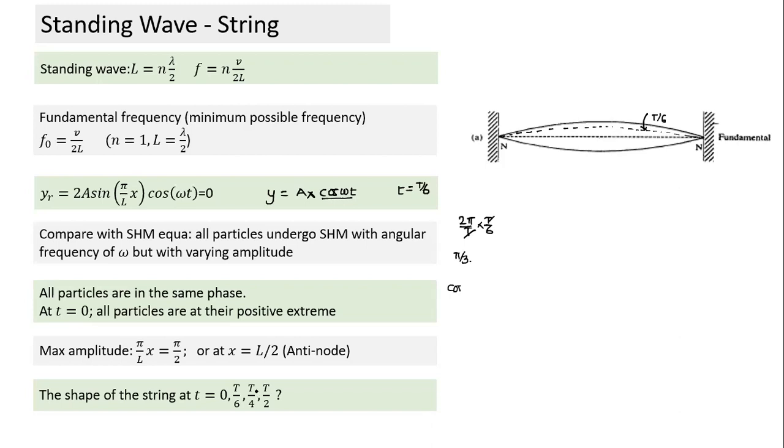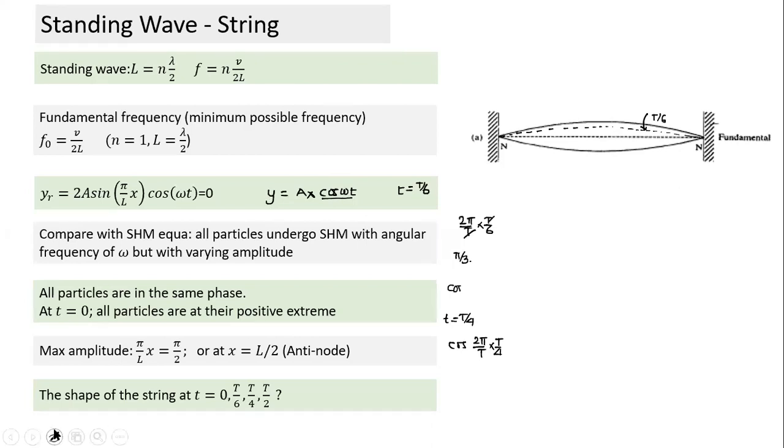Let's see what will happen at T by 4. I will substitute T by 4. So at t is equal to T by 4, what are you going to get here? This will be cos of 2 pi by capital T into T by 4, which is equal to cos pi by 2 is equal to 0. This term will become 0. It means every particle will be at its mean position.